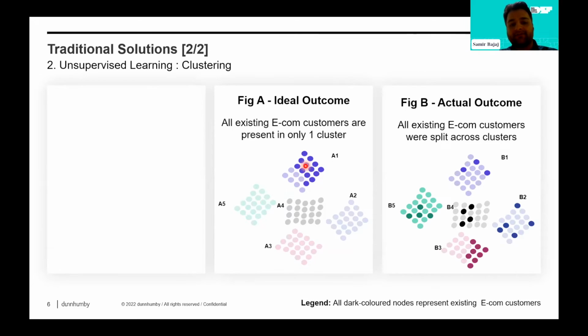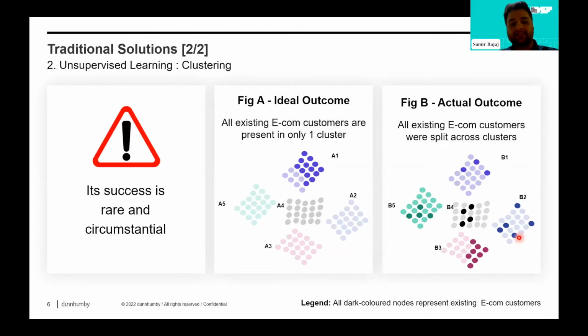So if we get a cluster like this, in which all the existing online shoppers fall in one cluster, then probably we can assume that the remainder of the customers in this same cluster can be taken as potential. But that did not happen, and the actual outcome was that the existing online shoppers were distributed across multiple clusters. So its success is rare and circumstantial.